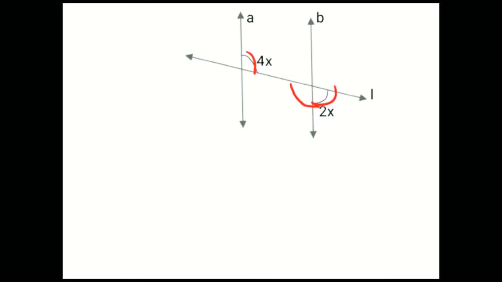2x and 4x you have to add this. 4x plus 2x you have to add this and then you will get the value of x. 4x plus 2x, what will come as formula? It is angles in a linear pair, which means supplementary angles. Supplementary angles measure 180 degree.